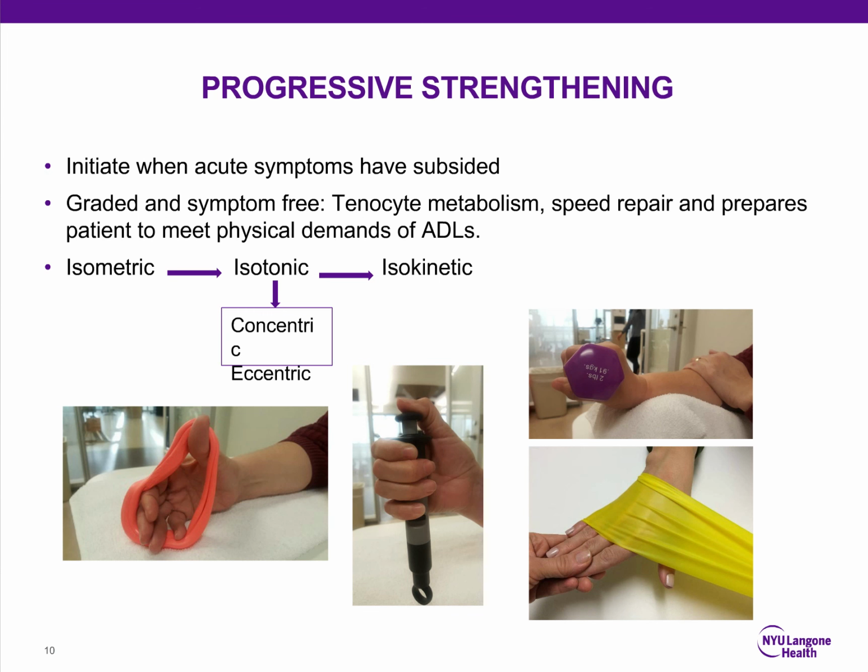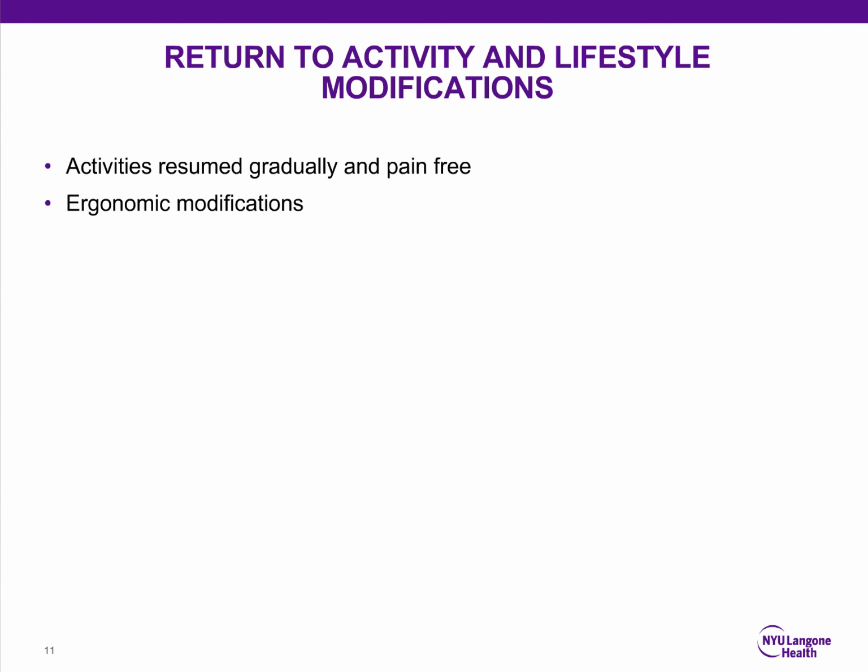We usually start with isometric exercises at mid-range, progressing to isotonic, which can be concentric or eccentric. There's a lot of research backing up eccentric exercise for chronic tendinopathies, and finally the isokinetic exercises.